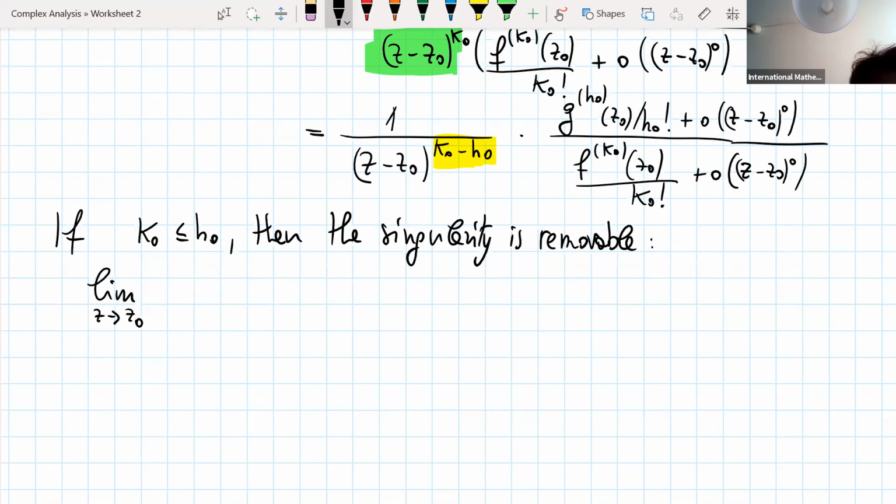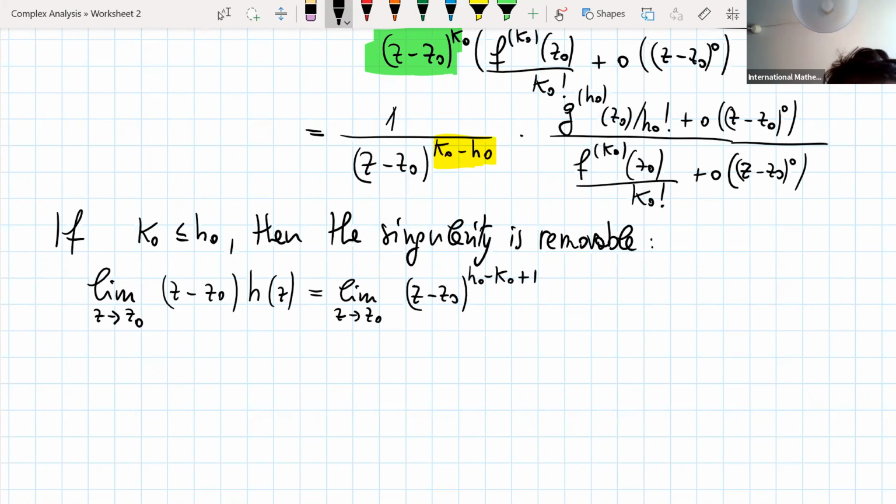Let's check this z minus z0 times h of z. So this now is the limit of what? Of (z minus z0) to the h0 minus k0 plus 1 times all these other terms, plus, say, below.